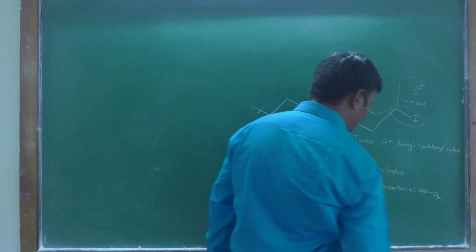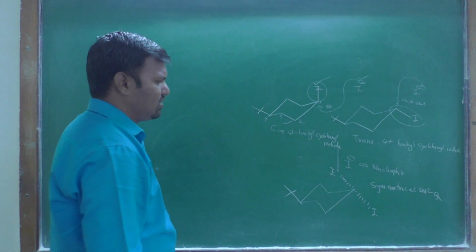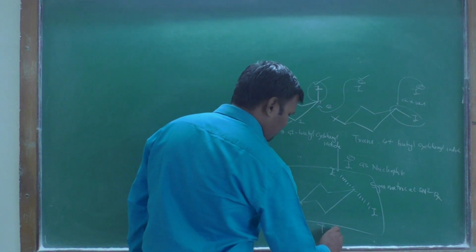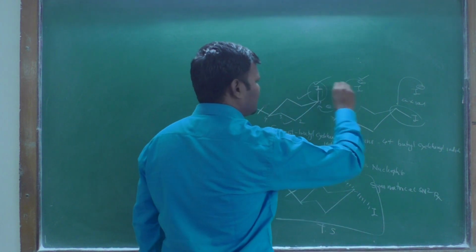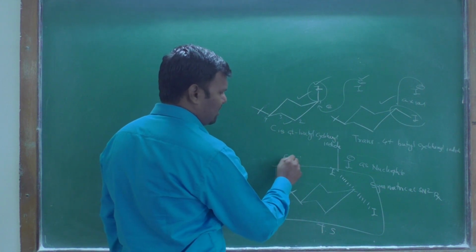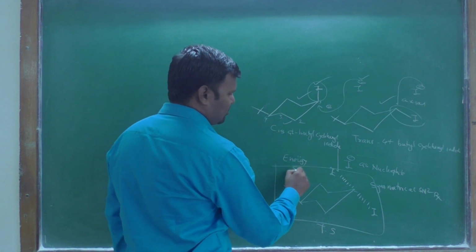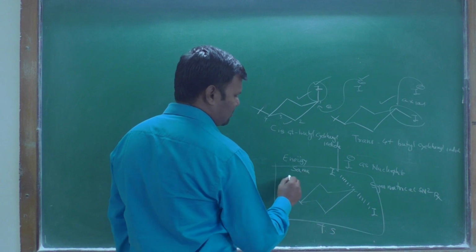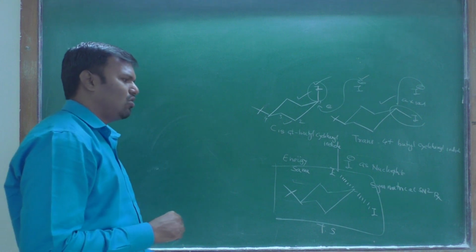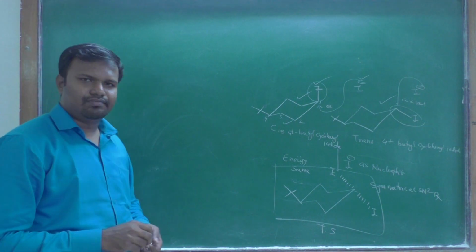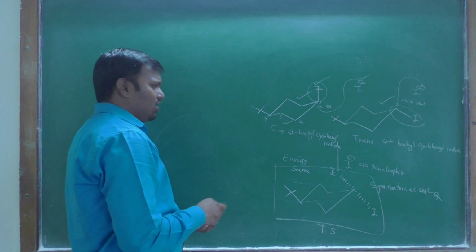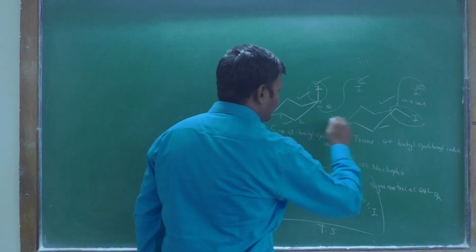In this case you found that the energy of the transition state of both cases is the same. Transition state energy for these two molecules is the same. Now the ground state energy for this molecule and this molecule.